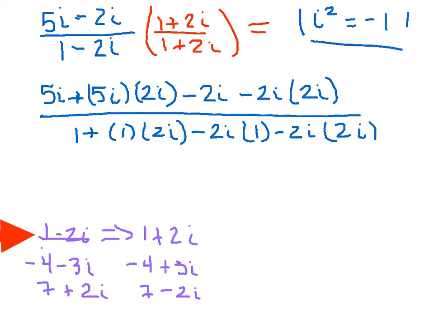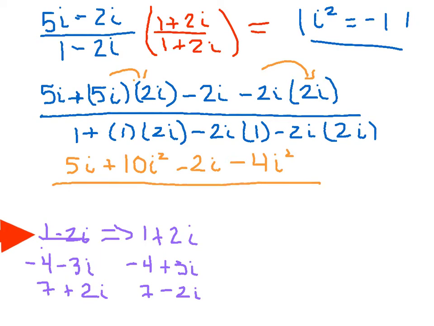So in my numerator I end up with 5i, plus 10i squared, minus 2i, and then minus 4i squared.